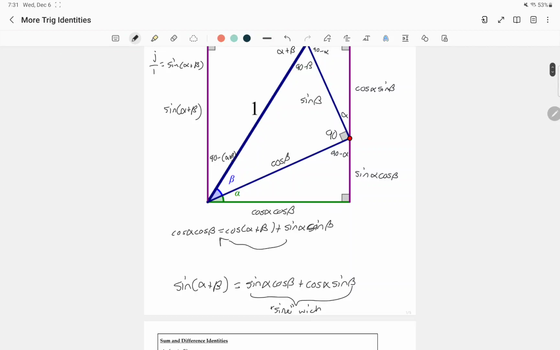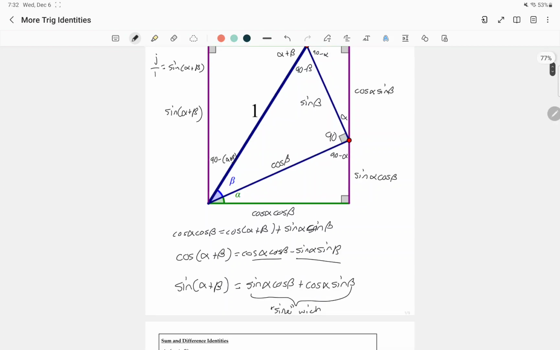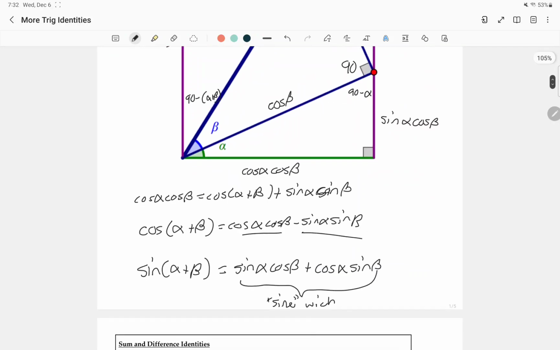If we just move this to the other side, we're going to get our second summation formula, which is cosine of alpha plus beta is equal to cosine alpha cosine beta minus sine alpha sine beta. As you can see, this one has the two functions next to each other, and cosine is first.